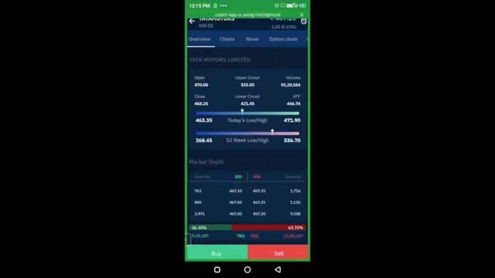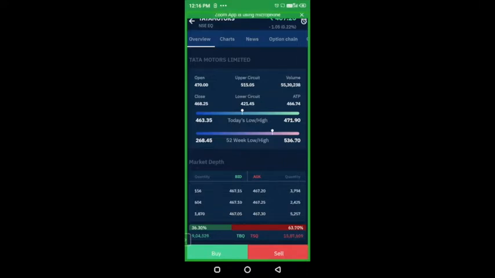Even for buying, these terms are really important. Opening price, closing price, upper circuit, lower circuit, volume are important. These terms you should know, 52-week high or low. And here you have the number of buyers and the number of sellers. Now at present, the number of sellers is more and the number of buyers is less.